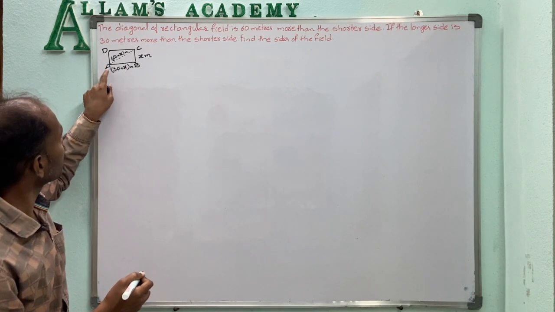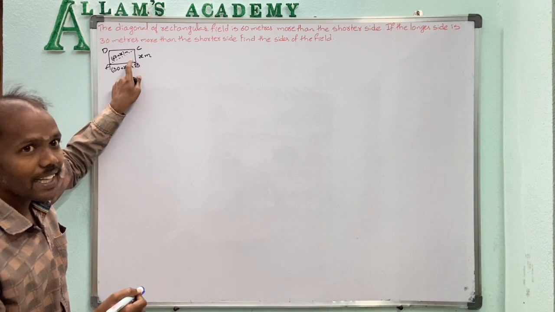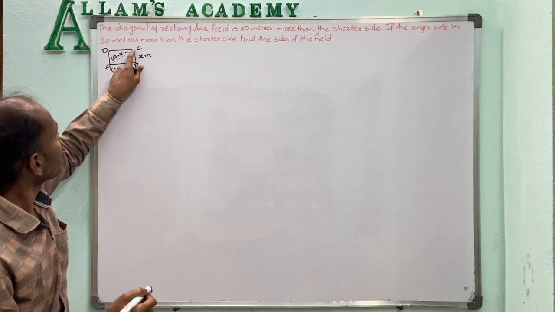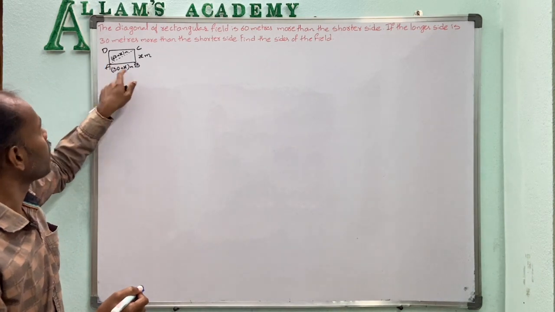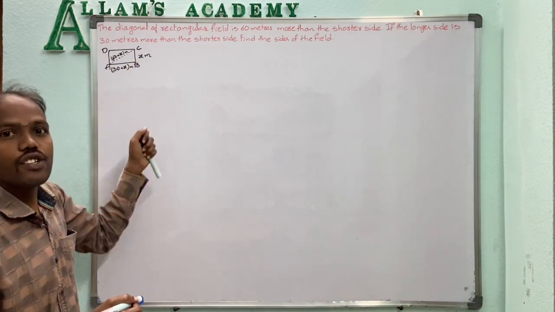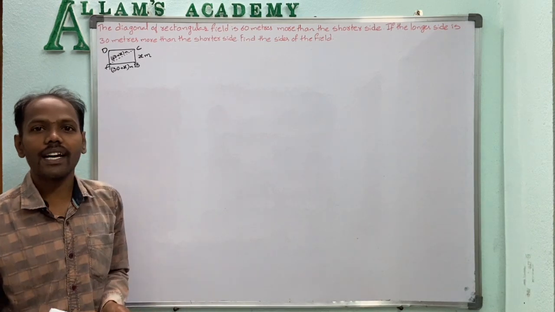So in the rectangle, the vertices have 90 degrees. So ABC is a right triangle, and we have a chance to apply the Pythagoras theorem.